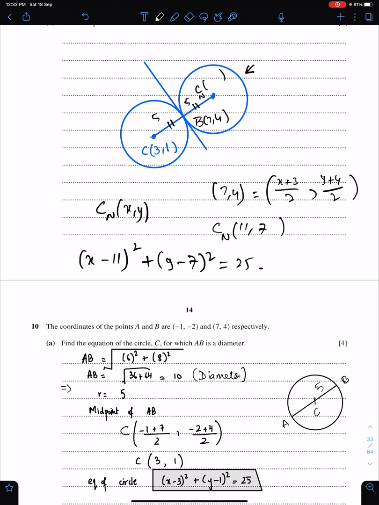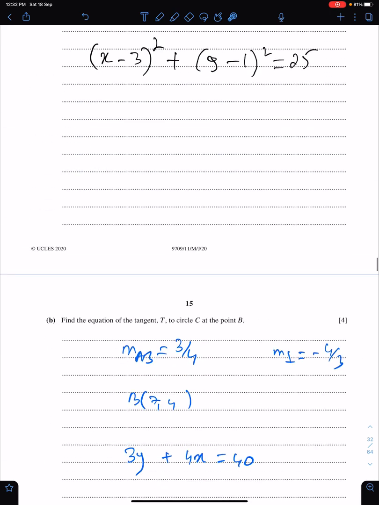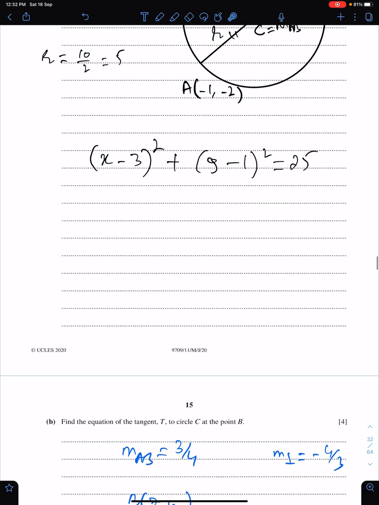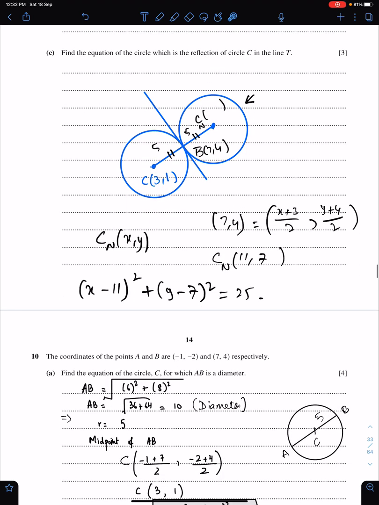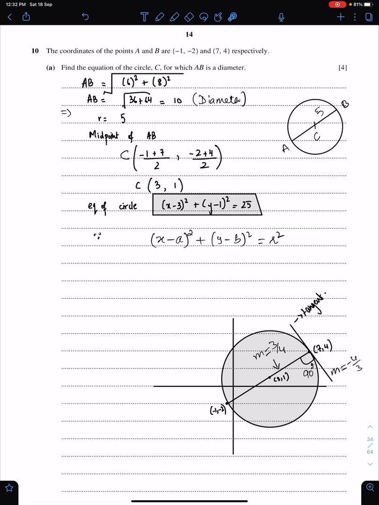This is the equation of this circle, which is the reflection of this circle about this line. You can check the solution of this question again. And this is the fair solution, complete solution.